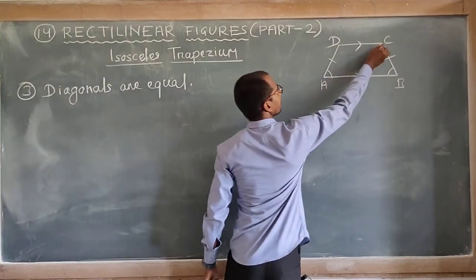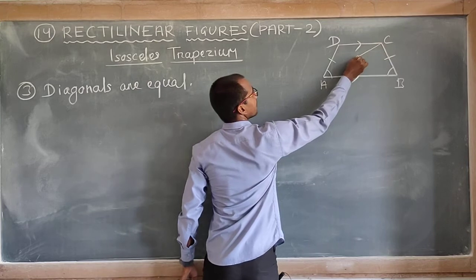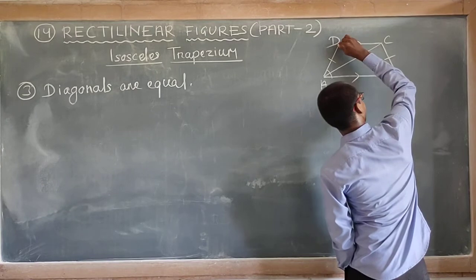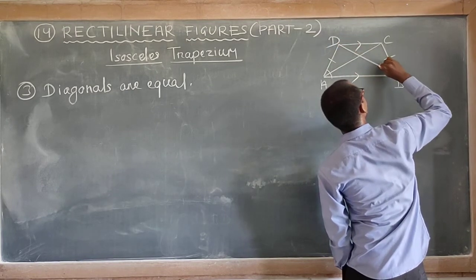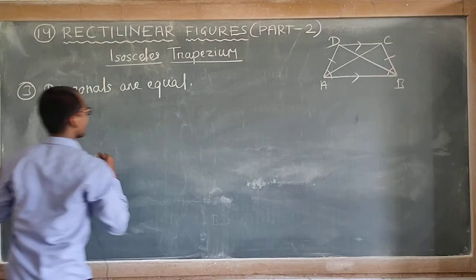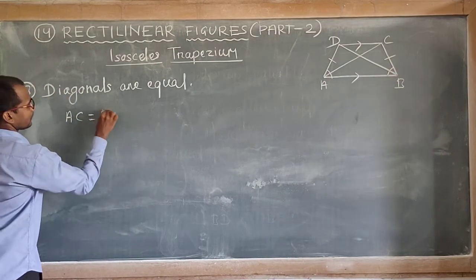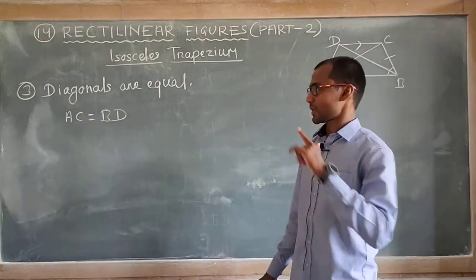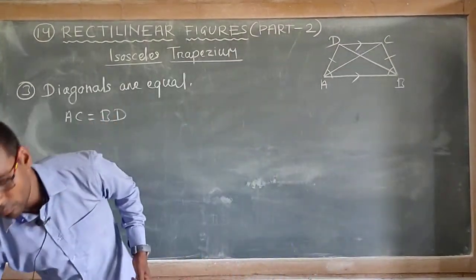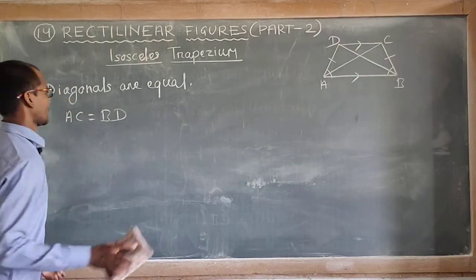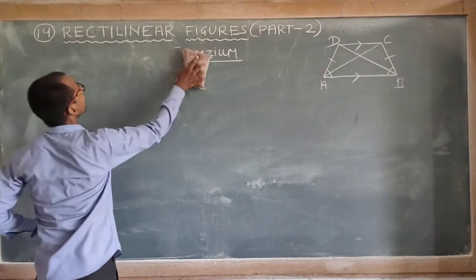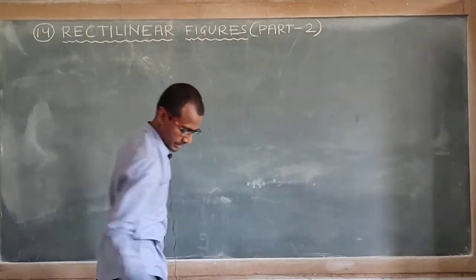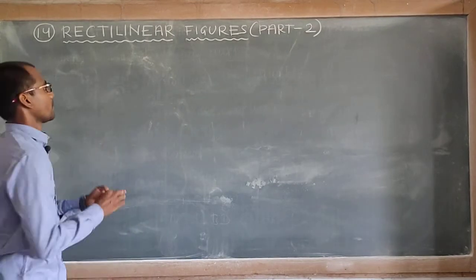Means AC and BD will be equal. Okay, diagonals will be equal. So remember these three properties of an isosceles trapezium. Next we will move to parallelogram.